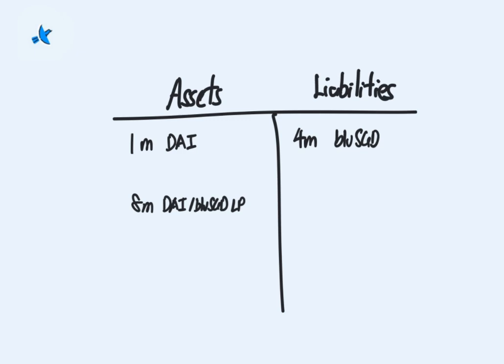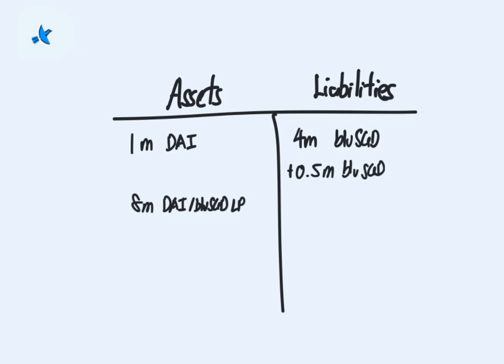The protocol will then realize that the price is now more expensive and continue to expand the supply of BlueSGD into the market. To do so, it will mint exactly another $500,000 worth of BlueSGD tokens. The protocol will conduct what is known as an open market operation by swapping this additional $500,000 worth of BlueSGD tokens for DAI in the Uniswap pool.